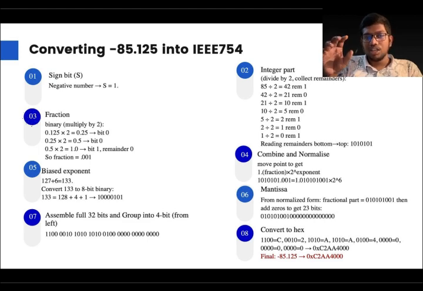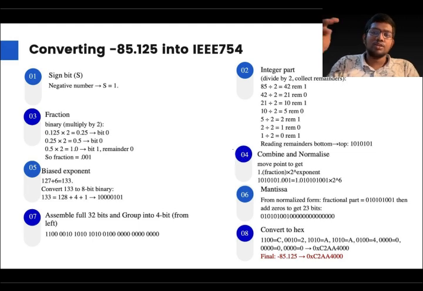So 0.125 multiplied by 2 gives 0.25, its integer part is 0. Then 0.25 multiplied by 2 gives 0.5, its integer part is 0. Then 0.5 multiplied by 2 gives us 1. So the final number is 0.001. It's the same as calculating 2 power minus 1, 2 power minus 2, 2 power minus 3, but a more logical way of solving fractional parts. So let's now normalize and find the mantissa.